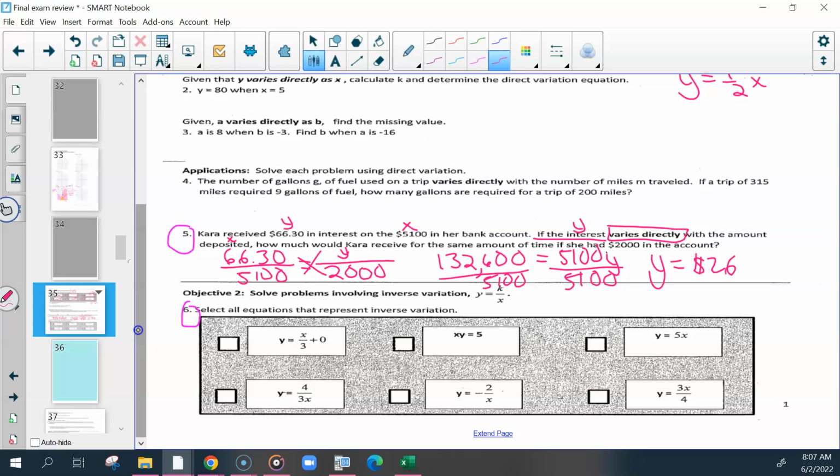Do we have any questions on that one? Before we move on to inverse, are there any others in this section we would like to go over?